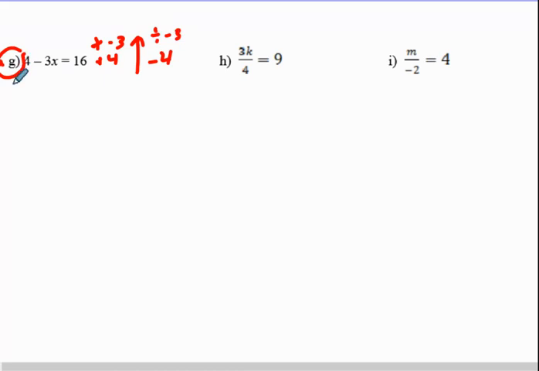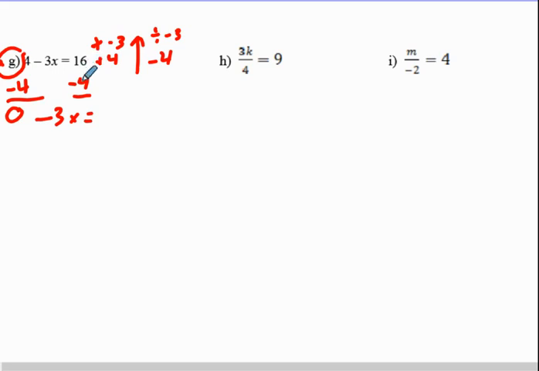So the first thing I want to do is subtract by 4. Subtract 4 on both sides. So I'm left with a 0. You could write the 0 in, by the way. I didn't mention that before, but it's almost pointless.